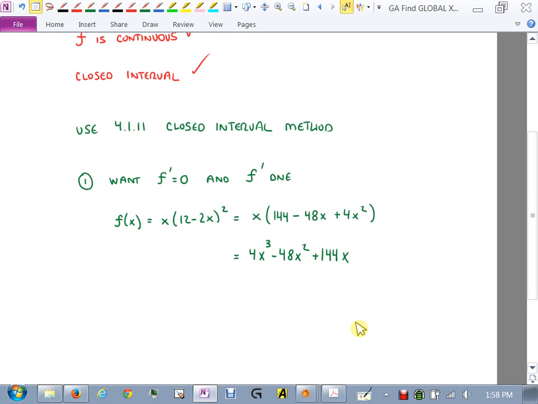Questions? I've done no calculus yet, right? Here comes the calculus, derivative time. So the derivative of this is 12x squared minus 96x plus 144.